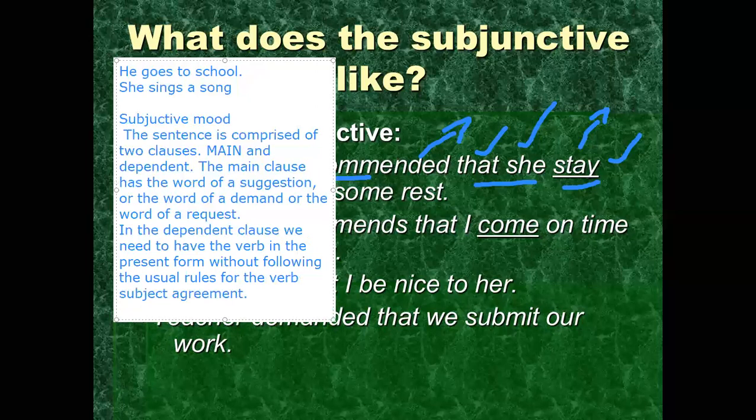Now, if you keep all these things in mind, you can easily identify a sentence in the subjunctive mode. Now, let me erase it.